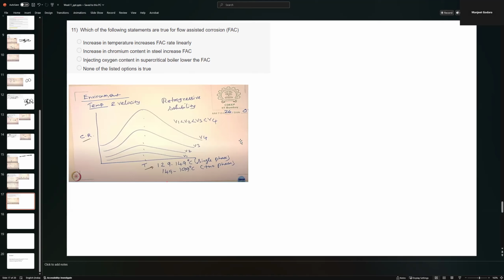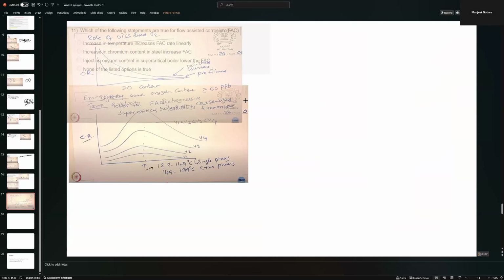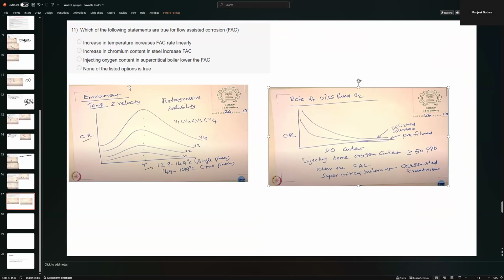Increase in chromium content. Chromium content increase, I mean, this is true. Yeah. Correct one is this one.